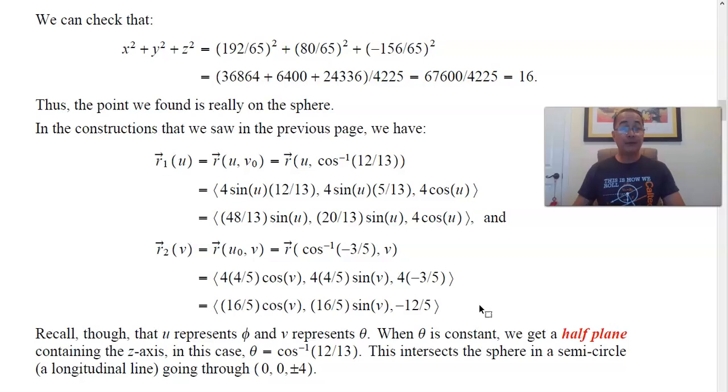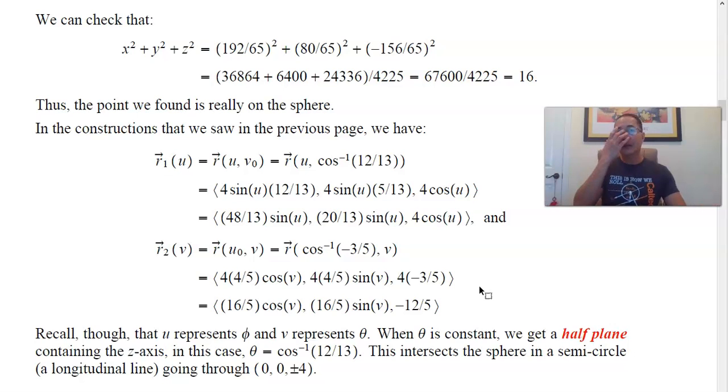So let's review spherical coordinates. What does it mean for phi to be constant? What does it mean for theta to be constant? Because u represents phi and v represents theta. Here we kept theta constant. So remember, that's like a swinging door.